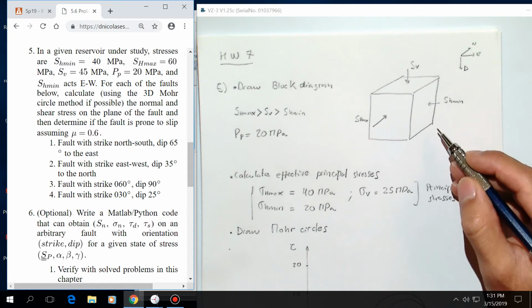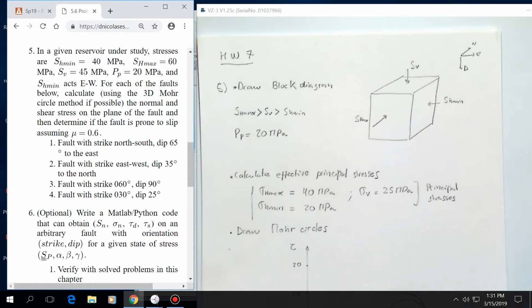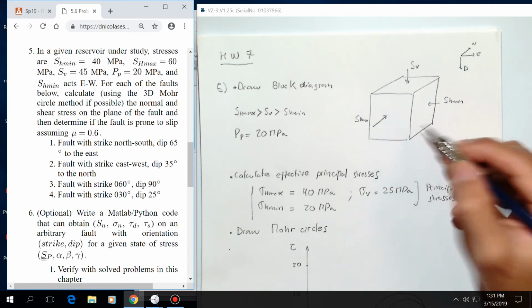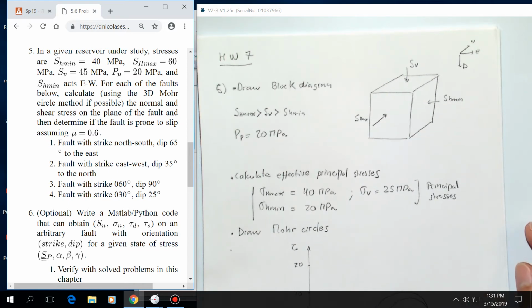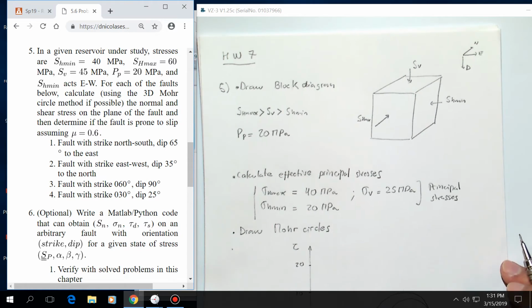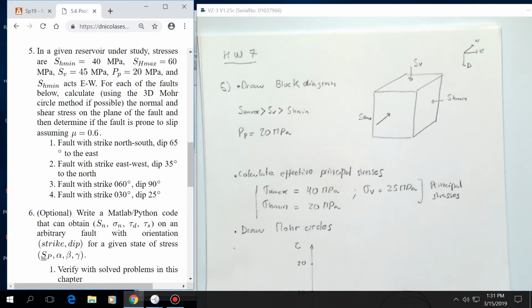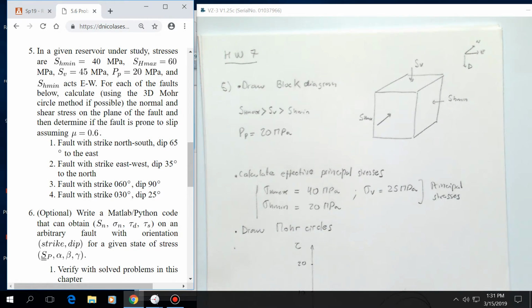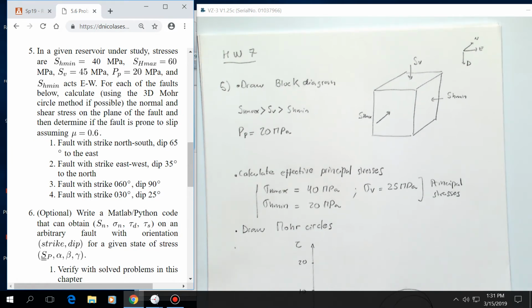And you may have some fractures that were created 10 million years ago that do not coincide with the current state of stress. So in nature, you're not necessarily always going to find the fractures at the orientation in which you expect them to be with the current state of stress.